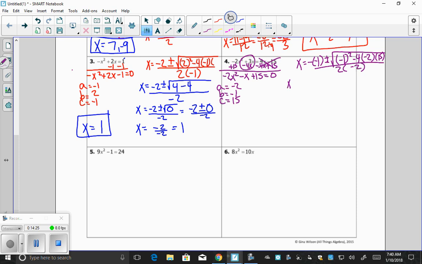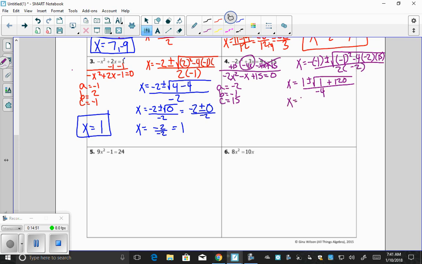So I'm going to have x equals positive 1 plus or minus negative 1 squared is 1. Negative 4 times negative 2 times 15 is going to be positive 120, over 2 times negative 2 is negative 4.